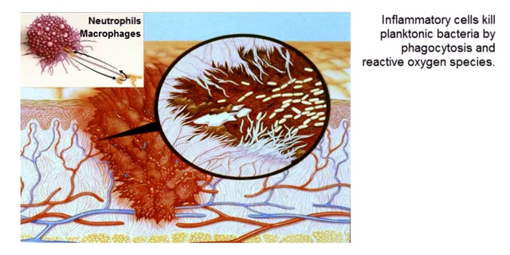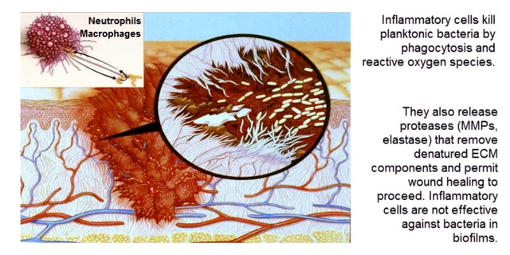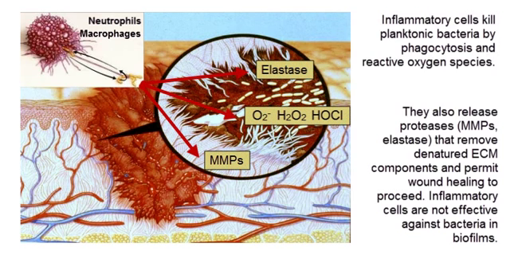And of course, two of the major activities that these inflammatory cells undergo is they engulf and kill the contaminating bacteria through the generation of reactive oxygen species, such as superoxide radical, hydrogen peroxide, or hypochlorous acid, which we all know is bleach. So basically, our inflammatory cells bleach the bacteria to death that they have engulfed. But equally important are the release of proteases, particularly the matrix metalloproteinases, or MMPs, and another class of serine proteases, elastase.